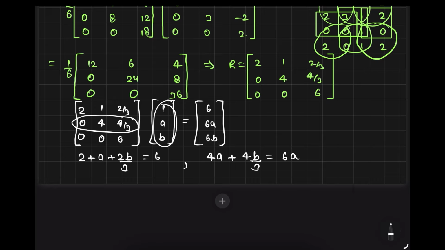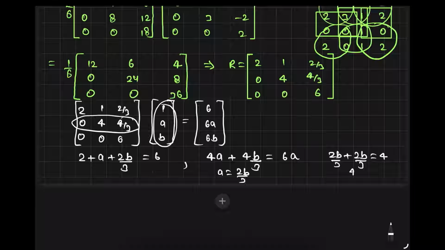Correct? Now look at this. Can I say that you got 2A equals to 4B by 3, or divide both sides by 2, so A equals to 2B by 3. Okay, so A is 2B by 3. Now you have to manipulate this. So you got 2B by 3 plus 2B by 3 equals to 4.